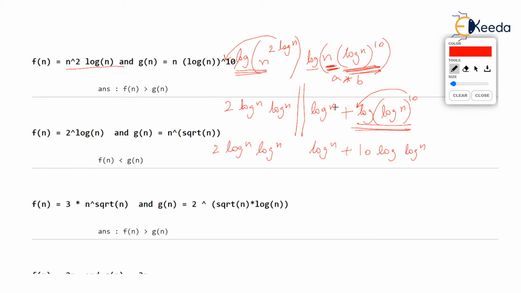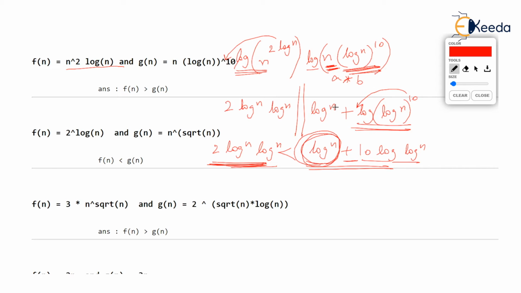Now check which function is higher or smaller. Now this left hand side is 2 log n, and the right hand side contains a lone term called log n. Log n added with something. Agreed, this is 10 log n, isn't it? Which one is smaller? What do you think? Obviously, the left hand side is smaller because there is log n added with something and the left hand side contains 2 log n.